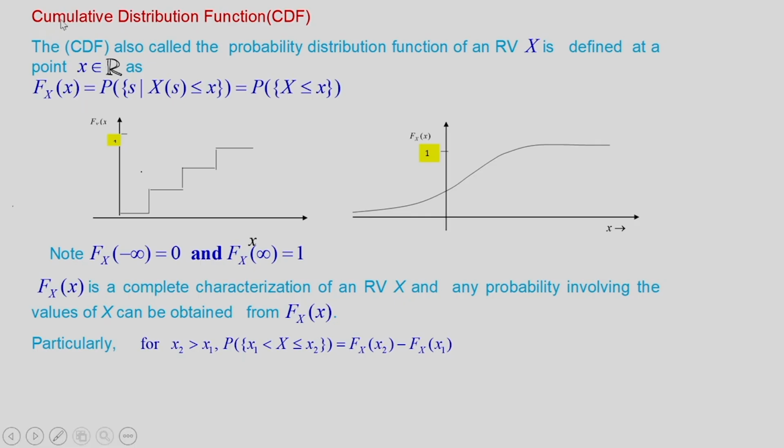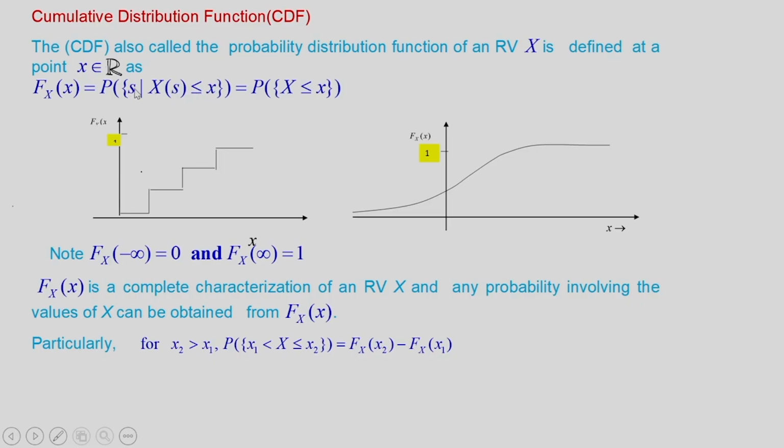So, we will define the cumulative distribution function, CDF. This CDF, also called the probability distribution function of a random variable X, is defined at a point x belonging to R as capital Fx of x, that is the CDF, is the probability of those sample points s such that X(s) is less than or equal to small x.